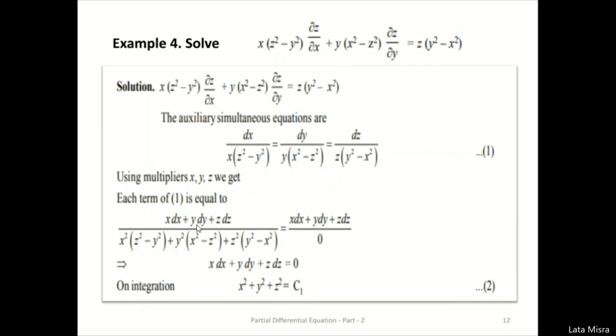Similarly, the next term is multiplied by y and becomes y dy/(y²(x² − z²)), and the last term by z, and we have z dz/(z²(y² − x²)). Adding the numerator and denominator terms, we get (x dx + y dy + z dz)/0, and on simplifying we get x² + y² + z² = c1. So this is the first multiplier, and we again choose another multiplier to get another solution.